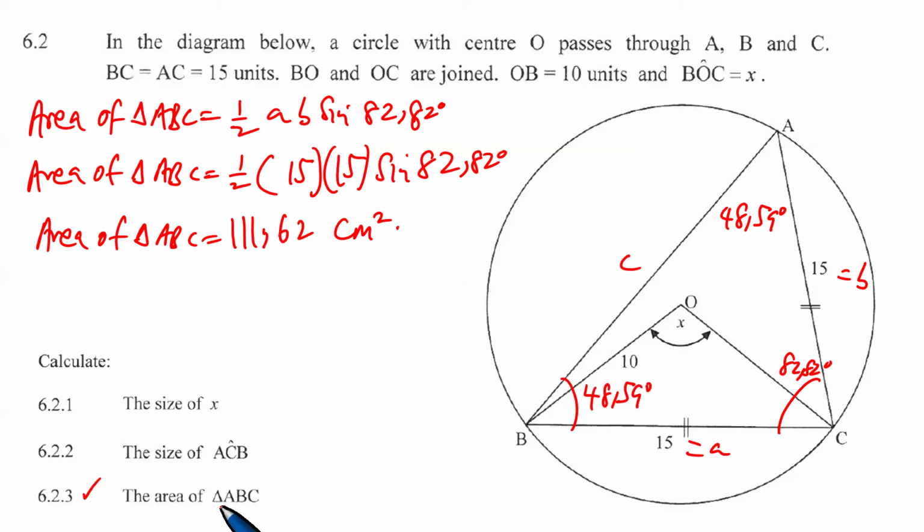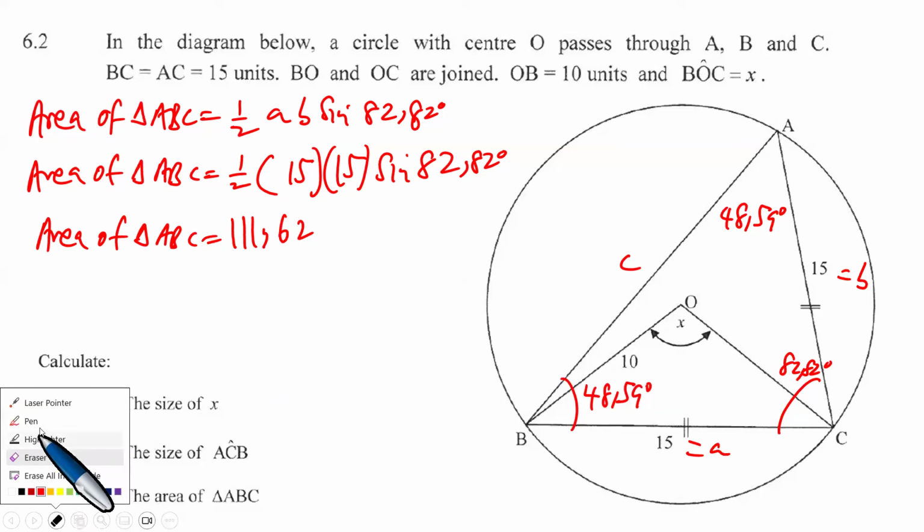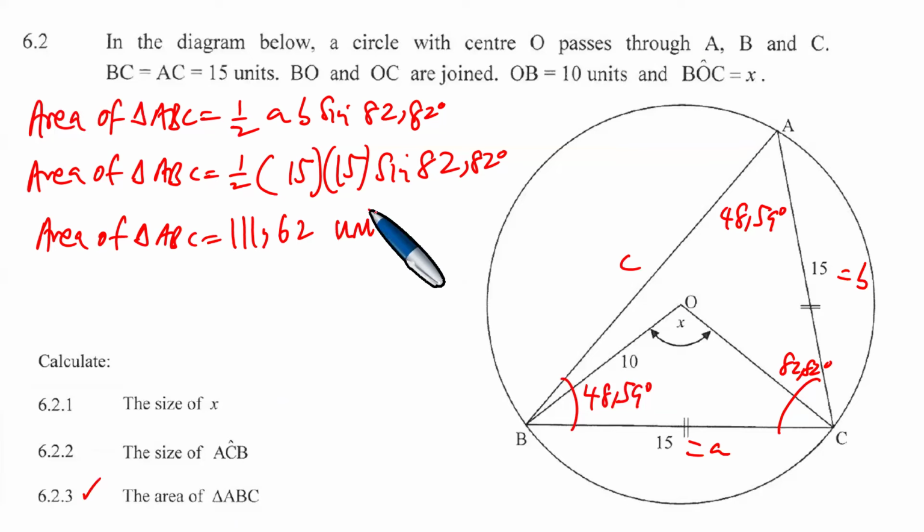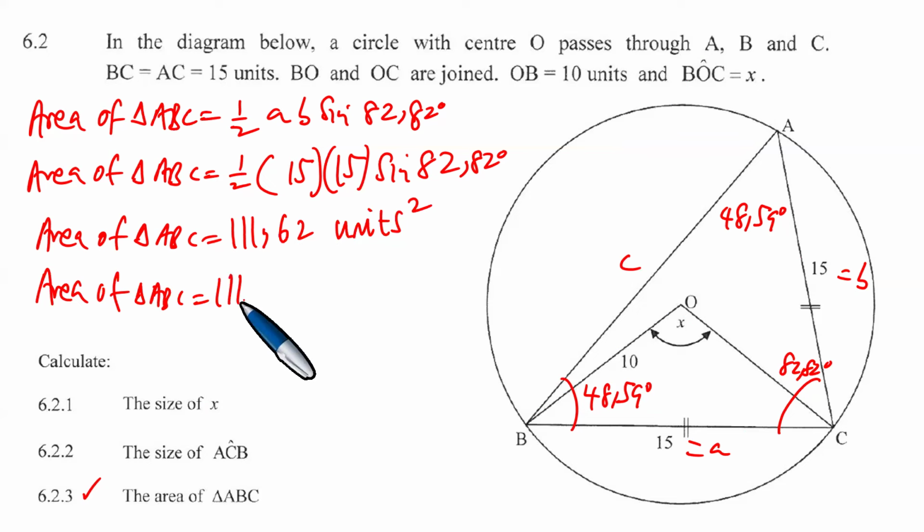Right, square centimeters. Just square units. Okay, you can put square units. So you can write like this, units squared, because they said here these are 1550 units, or you can then say the area of triangle ABC is that, 62 square units.